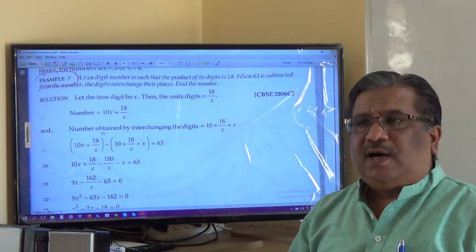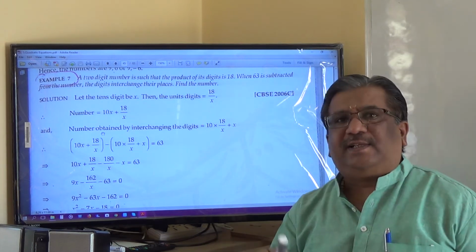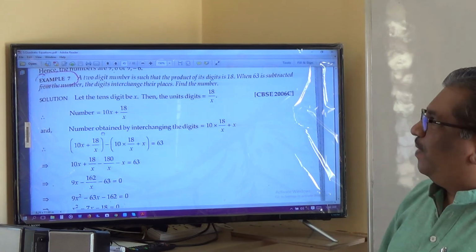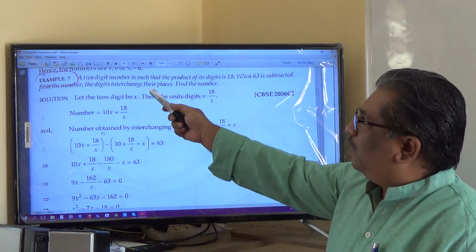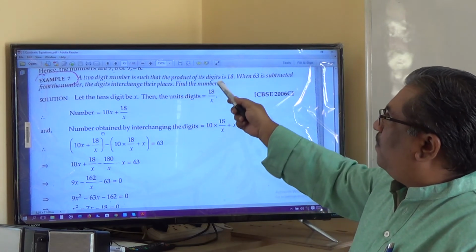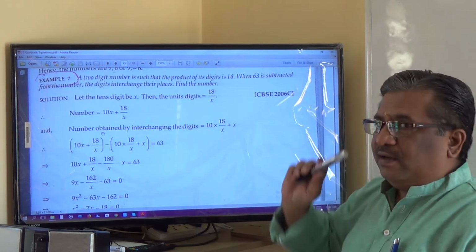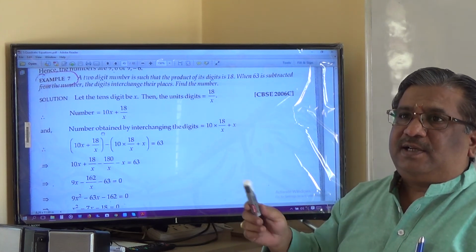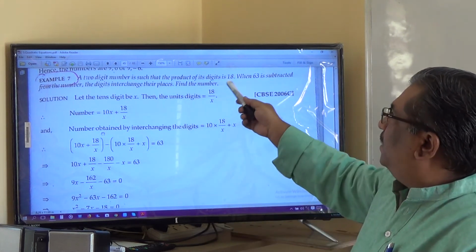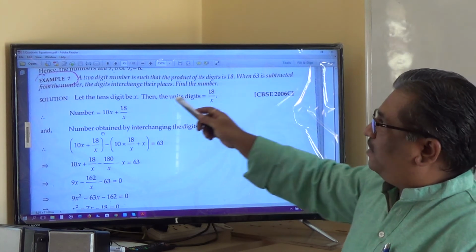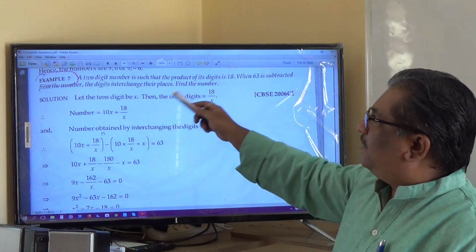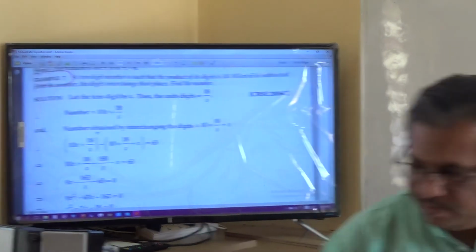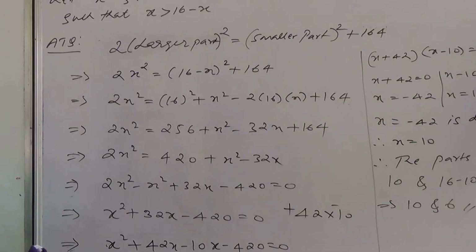A two-digit number is represented by 10x plus y, where x is the digit in tens place, y is the digit in units place. If x and y are the digits, then the product of that is 18. Let us solve this one now. This is example 7.